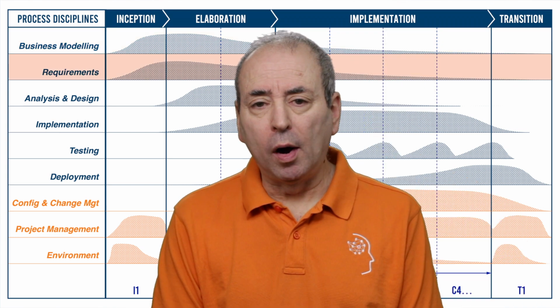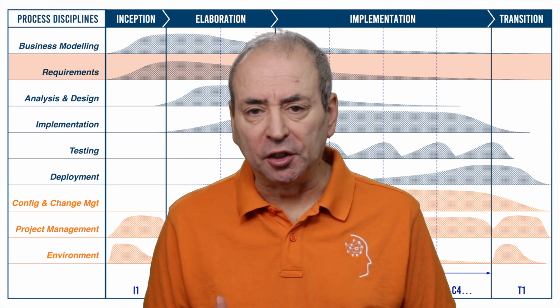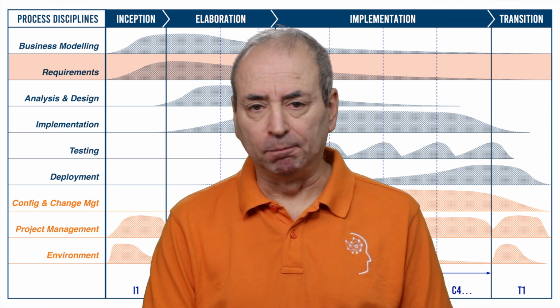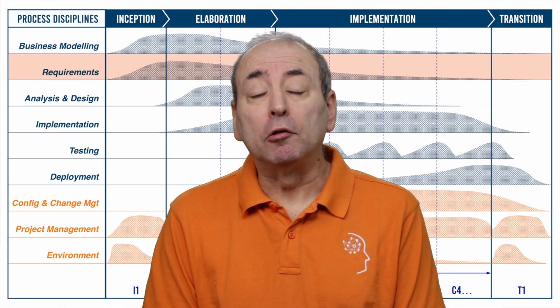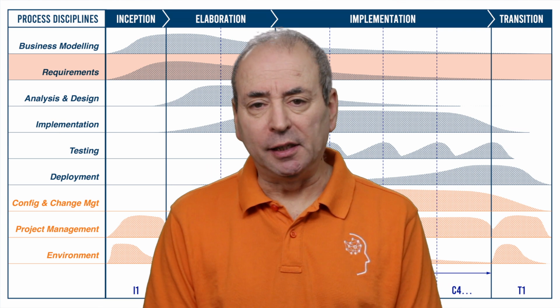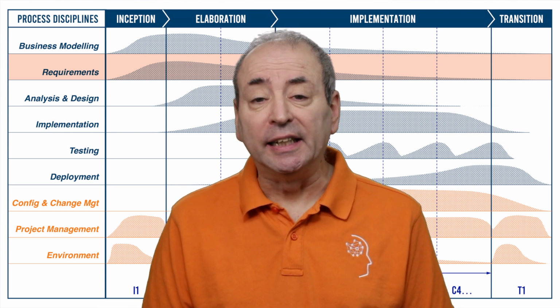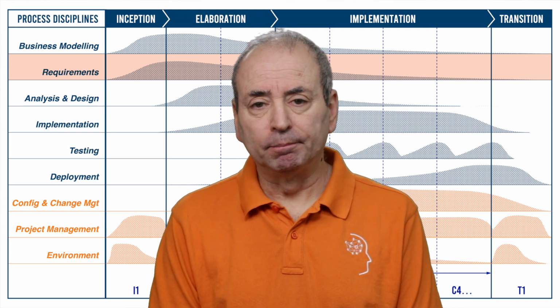Number 2, requirements. The user requirements describe what the system needs to do and how it must function. Developers agree the requirements with the users during the inception and elaboration phases. We then document those requirements into a vision document.